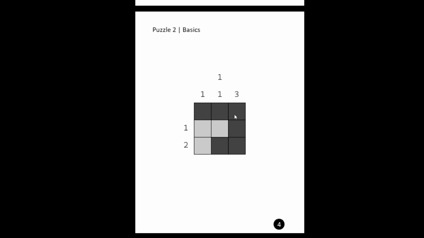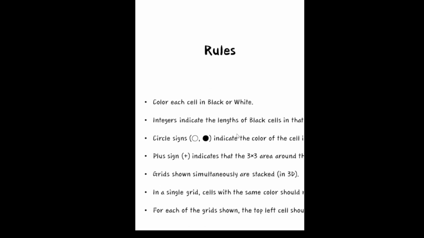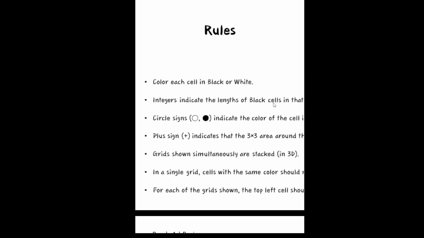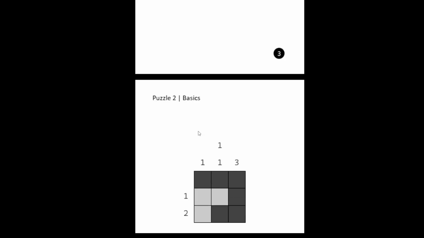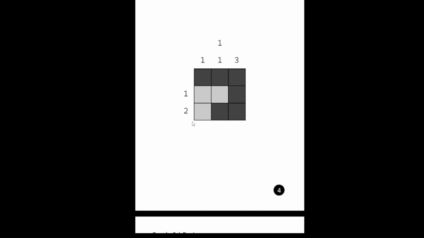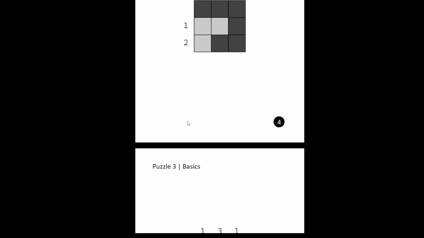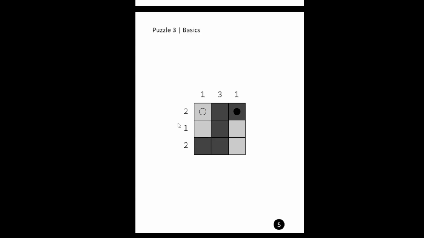Yeah, so this one was forced, right? Integers indicate the lengths of black cells in that. I'm pretty sure we're doing nonogram here. I don't think there's any way that's a fake out. Now, did I get this backwards?